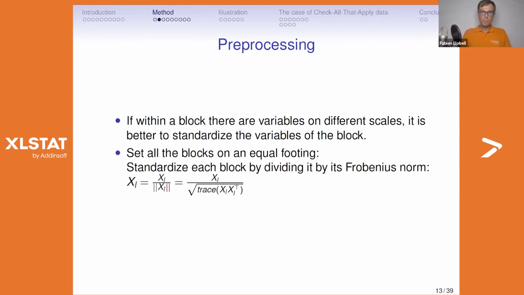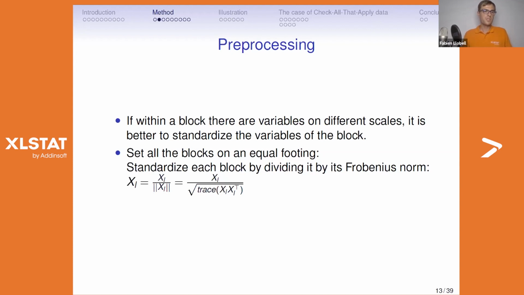I will present the method, but first of all, I will talk about the pre-processing of the data, which is very classical with this kind of data. It's a double standardization. The first is a standardization of the variables of the blocks, which can be done for some blocks and not for other blocks.